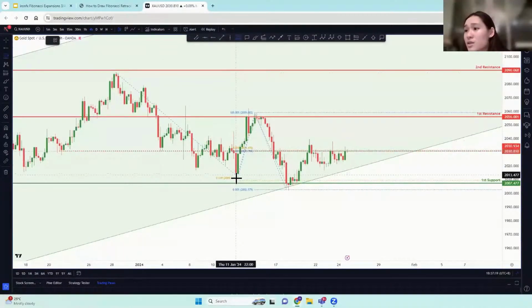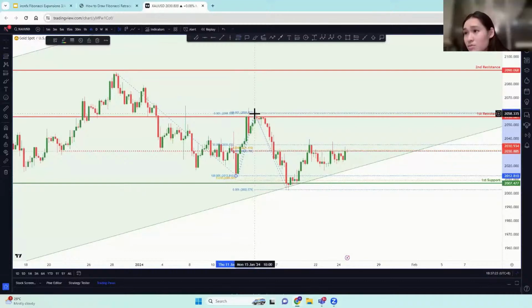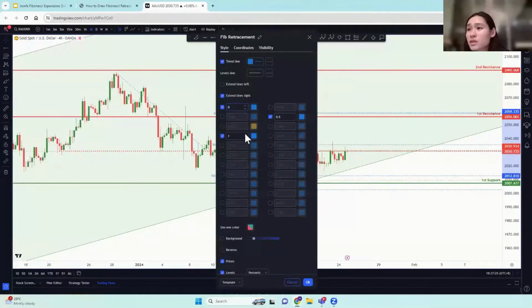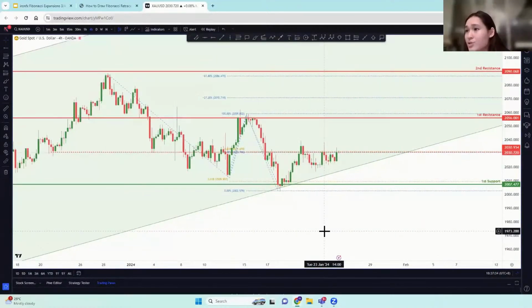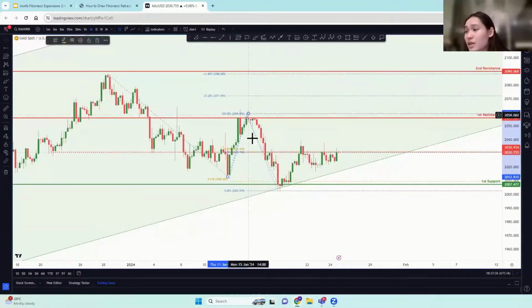Okay, let's see if we can find any expansions. So earlier we mentioned minus 27.2 and minus 61.8 are the levels for expansion. And you can see that, so this is our lightning bolt shape in case you couldn't see it.